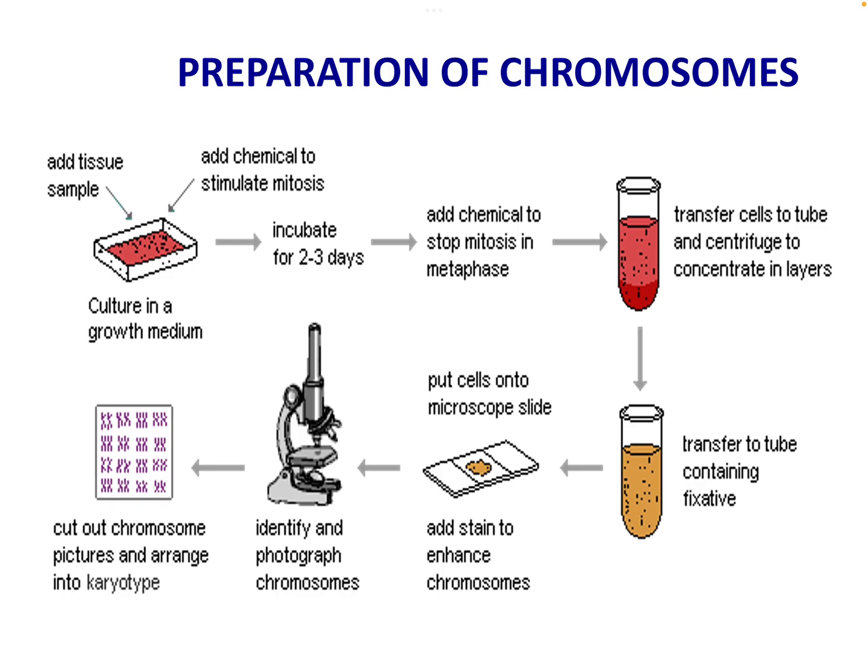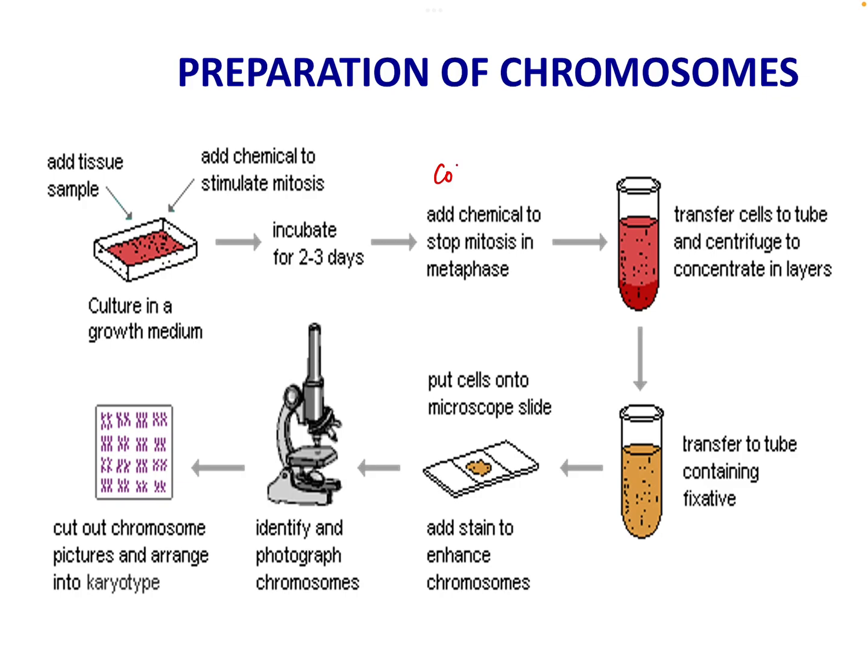In another perspective, if we use a tissue sample, then we culture it in a growth medium and add a chemical to stimulate mitosis, and then incubate for 2 to 3 days. And then we add a chemical to stop mitosis in metaphase.